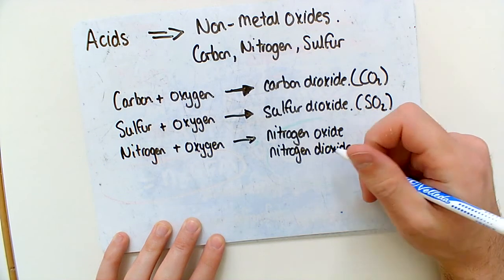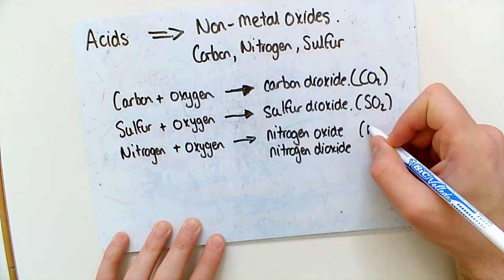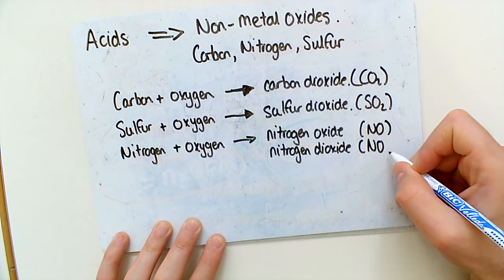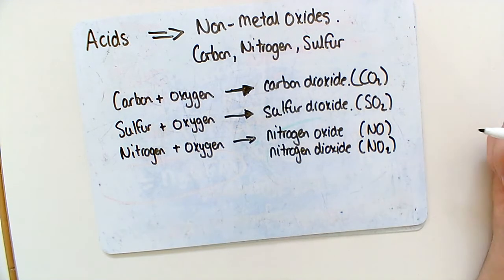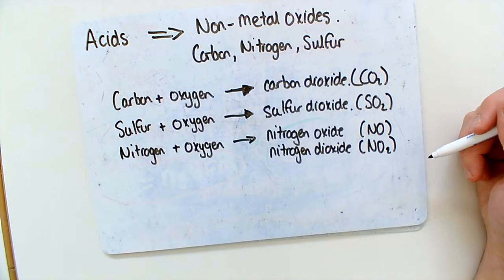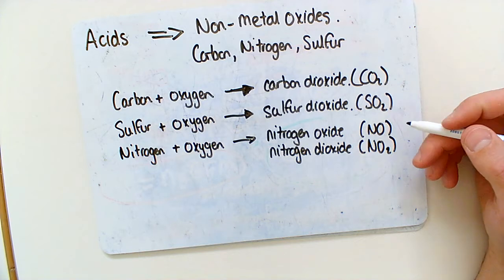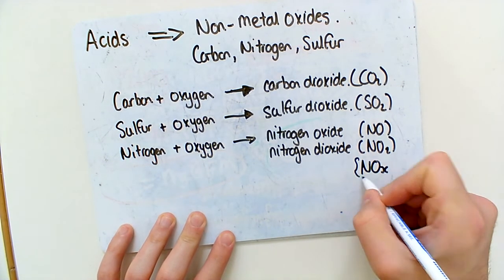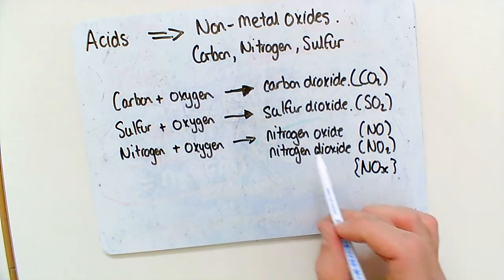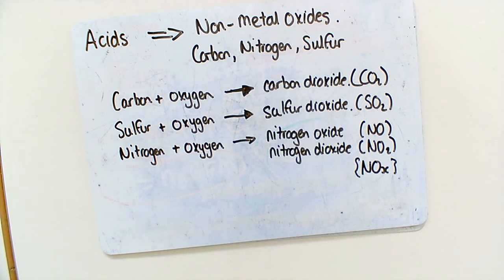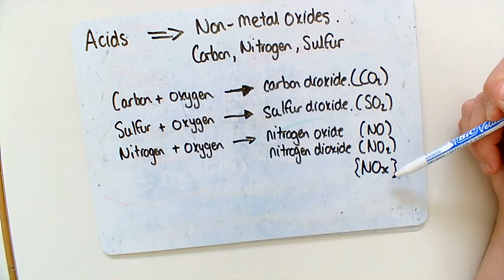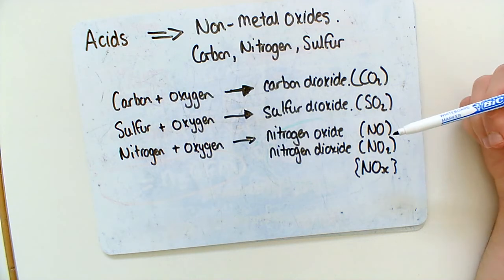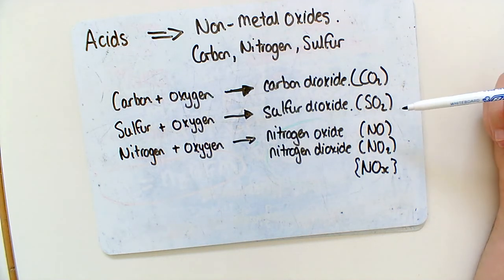Nitrogen oxide, there's no di, so that's just one oxygen, NO. And nitrogen dioxide, NO2. Sometimes, rather than write them both out, it gets written NOx, which means both of those together. These three, carbon dioxide, sulfur dioxide, and the nitrogen oxides, are the three main non-metal oxides that you need to know about.